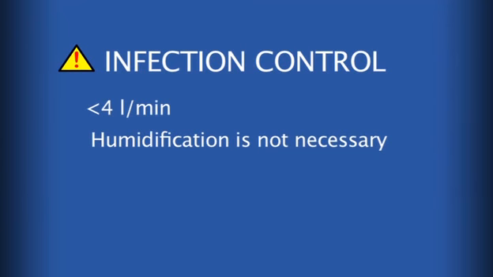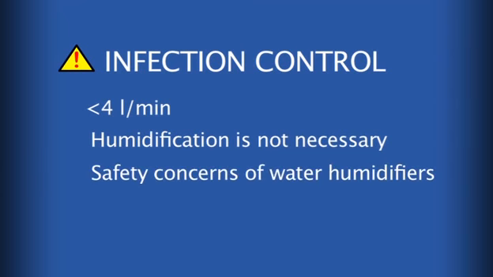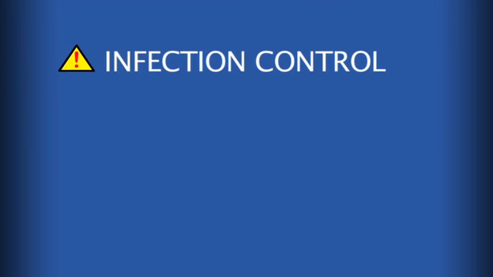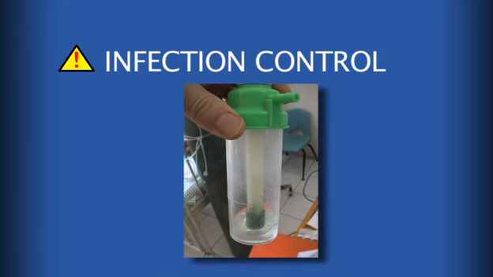And it's important to note the major safety concerns of water humidifiers due to bacterial contamination. The picture here is of a heavily contaminated bubble humidifier which was found in use on a children's ward. The green discoloration was caused by heavy bacterial growth.